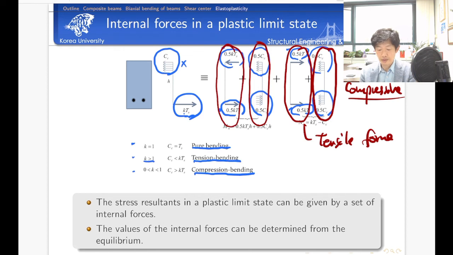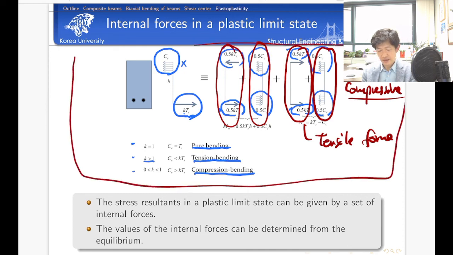The bending moment produced by the reinforcement. Then we can decompose this problem into the axial force and the bending moment when we discuss the plastic state in the reinforced concrete cross section. Maybe at this moment it is very hard to understand the concept of this diagram, but please keep this diagram in mind until you take the lecture on reinforced concrete design, and then it becomes very useful.